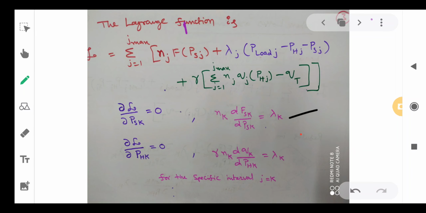The second one, gamma Nk into dQk by dPhk equal to lambda k. So this is equation number 2. Steam power generation, hydro power generation, for the specific interval j is equal to k. These two are the required equations.